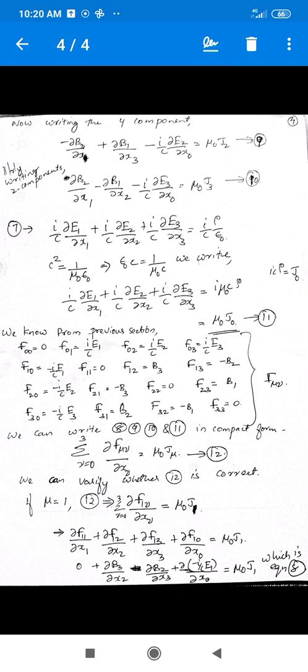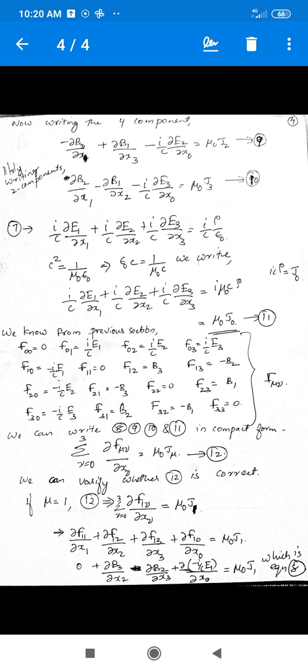We know from the previous section all the components of the field tensor. I have written that. Now we can write from 11 and 8, 9, 10. So we got the right hand side as mu 0 J0, mu 0 J1, mu 0 J2, mu 0 J3, from equations 8, 9, 10 and 11.